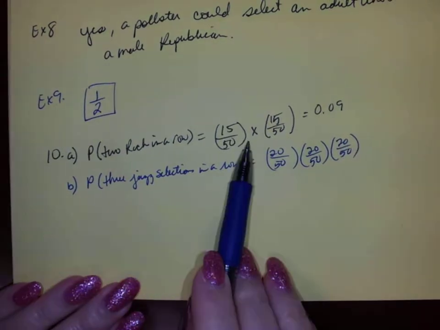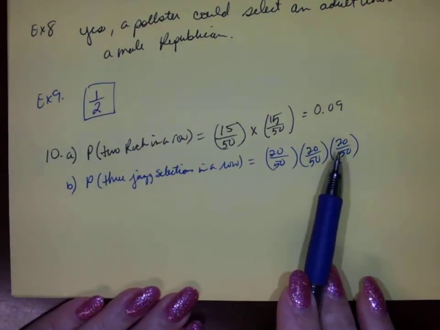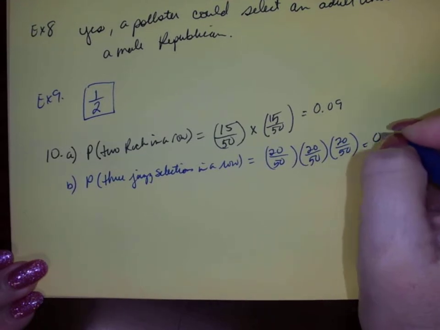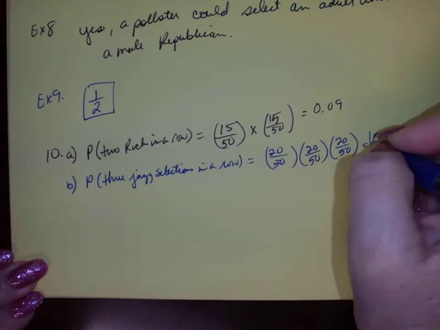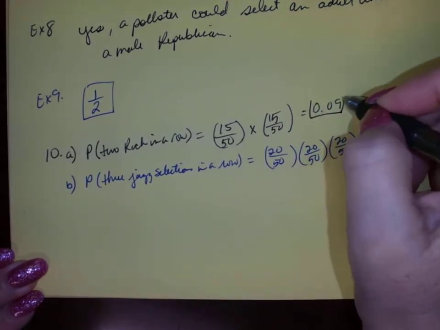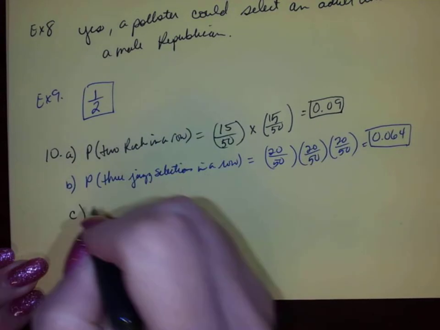So you don't have to put the multiplication sign. You can just put the parentheses next to each other. If we put that in a calculator, we get 0.064. All right, let's go look at C.